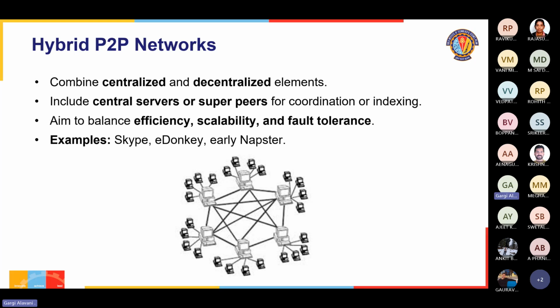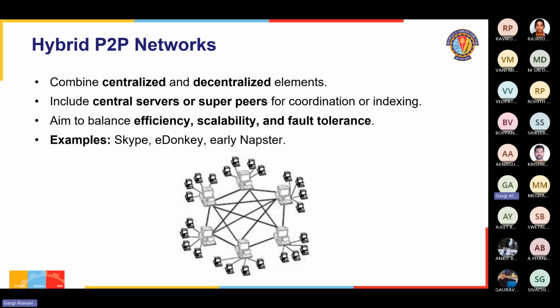They keep the peer-to-peer communication model but add some central components like servers or a set of super peers. Now, the super peers try to coordinate certain tasks. These super peers might help manage indexing, handle queries more efficiently, or even relay messages when direct peer-to-peer connections are not possible.